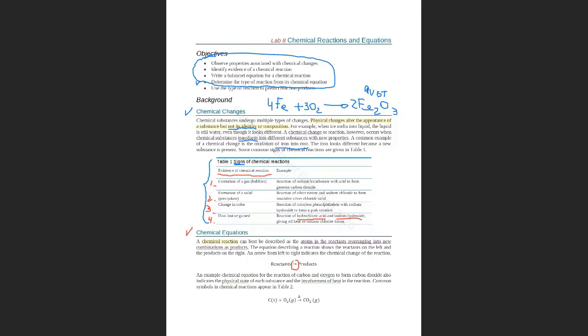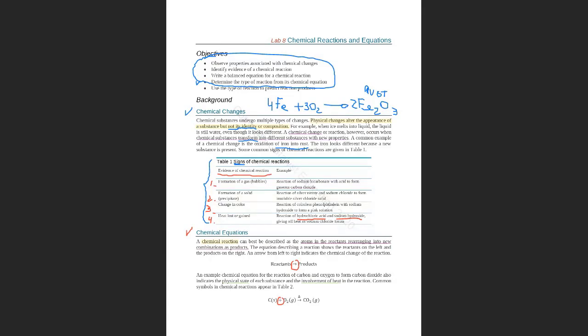If we have only one product, we don't need to use this symbol here, that is a plus. We use this symbol only when we have more than one reactant.